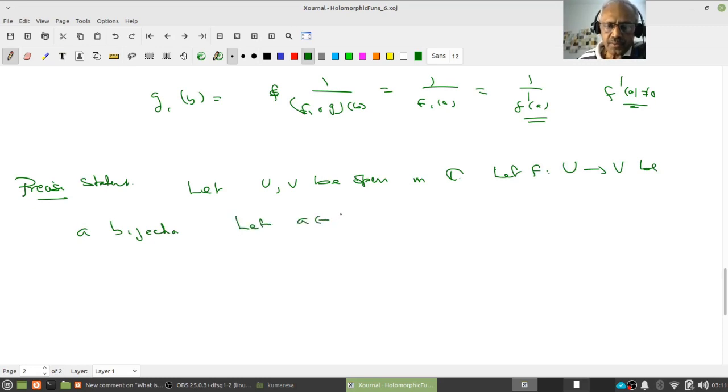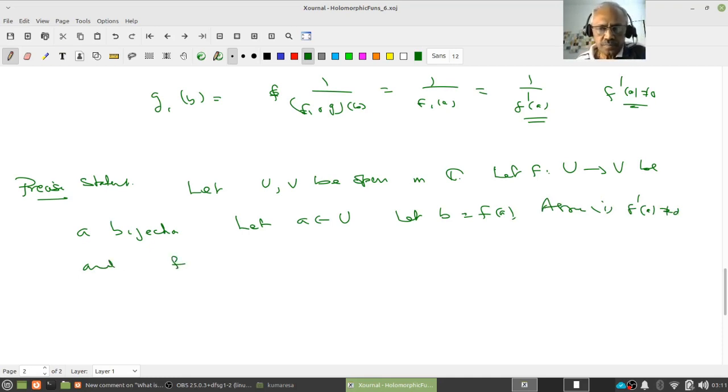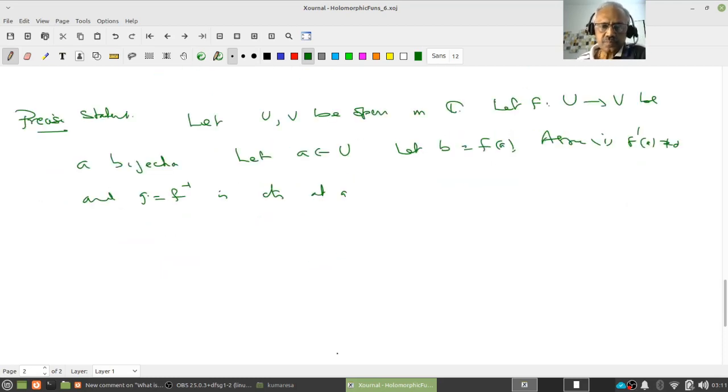Let a belong to u, let b equal to f of a, and assume 1. f dash a is not equal to 0, and 2. f inverse, g equal to f inverse, is continuous at b. Okay. Then g is differentiable at b, and g dash b equal to 1 by f dash at a.